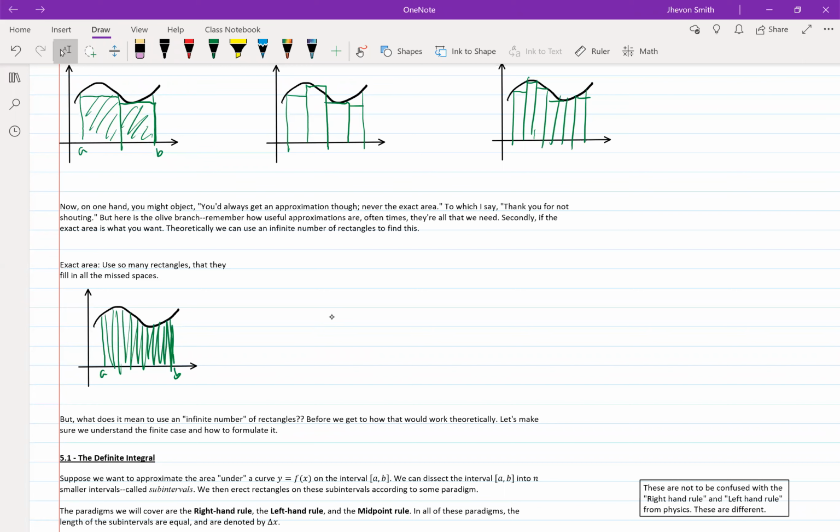Let's put in so many rectangles that no matter what spaces you're concerned about, eventually all these spaces will be filled in, right? So it's an infinite number of rectangles.